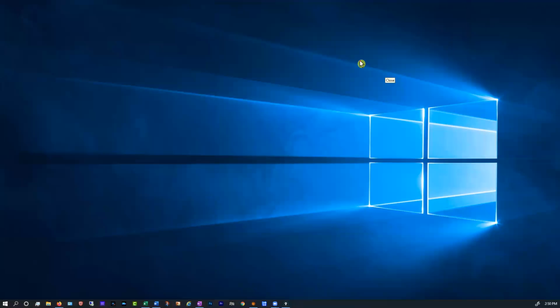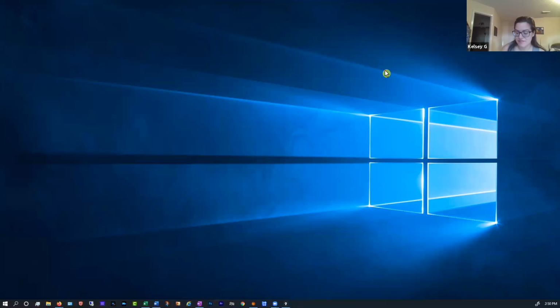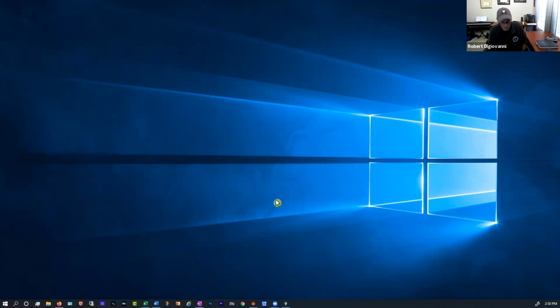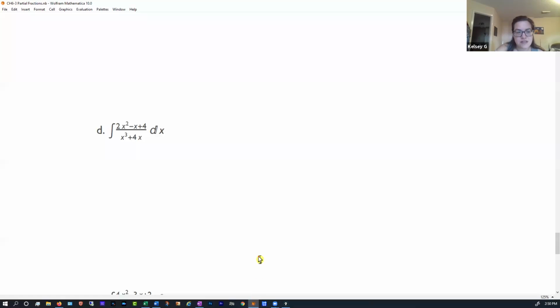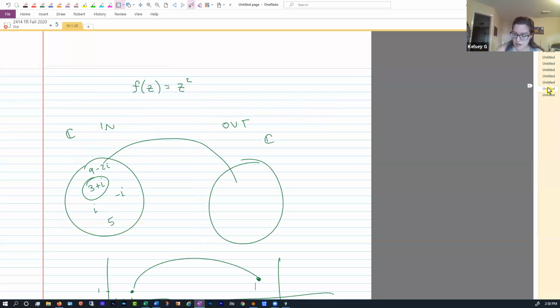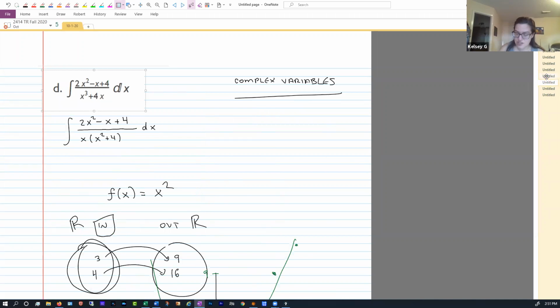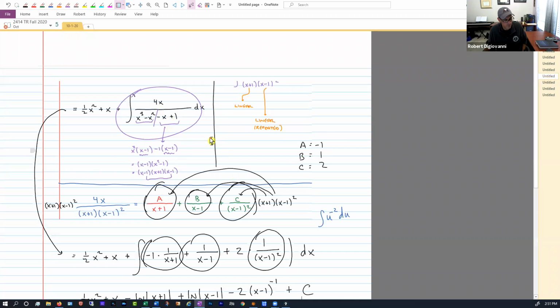All right. Question about problem C. About the previous problem that we just did, C. I just don't understand how we got the half x squared plus x.